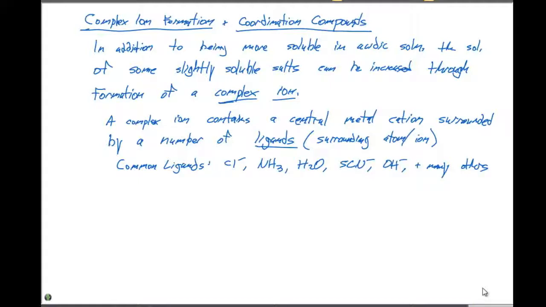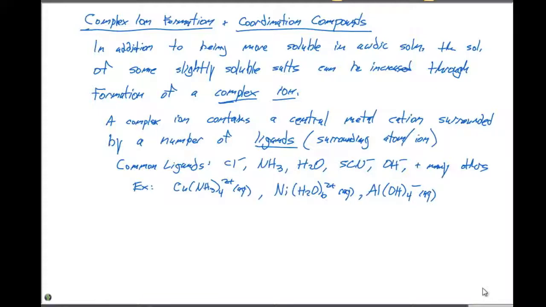Some examples of complex ions are Cu(NH3)4 2+. That's one of them. We have Ni(H2O)6 2+. We could have Al(OH)4-.